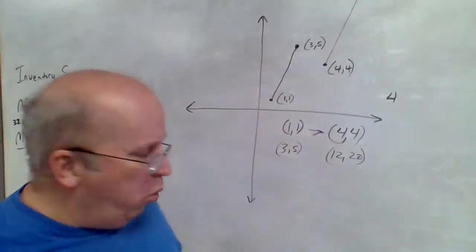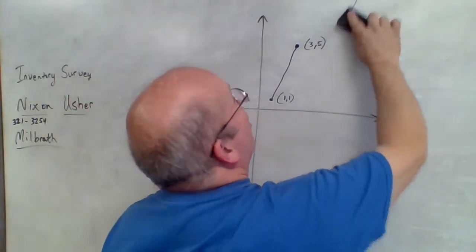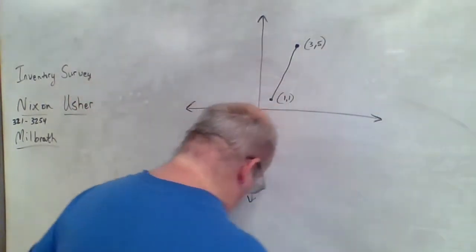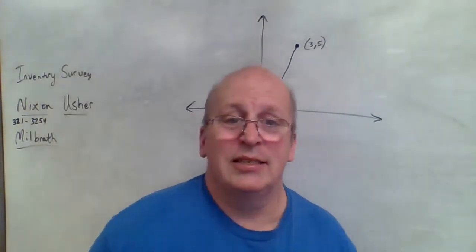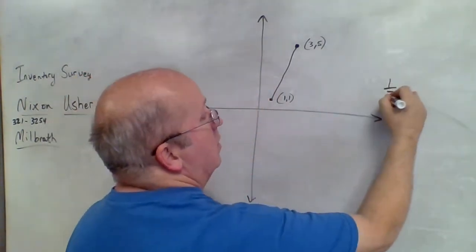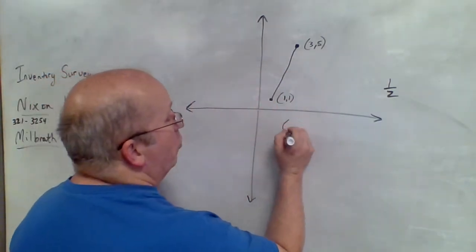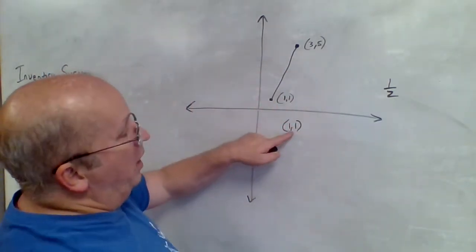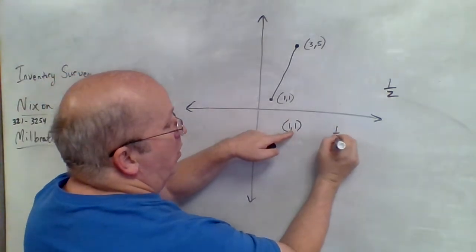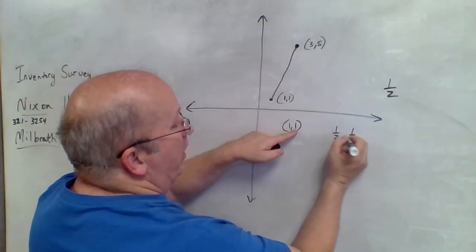But what if instead of the number 4, somebody says to you, dilate this using the number 1/2? Well, it's the same thing. Take the first ordered pair and multiply the 1 by 1/2, which is 1/2, and the other 1 by 1/2, which is 1/2.